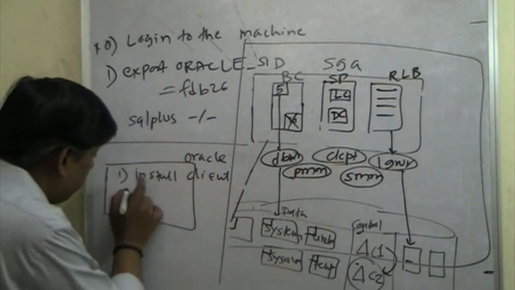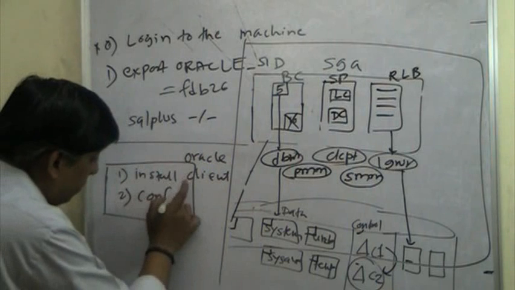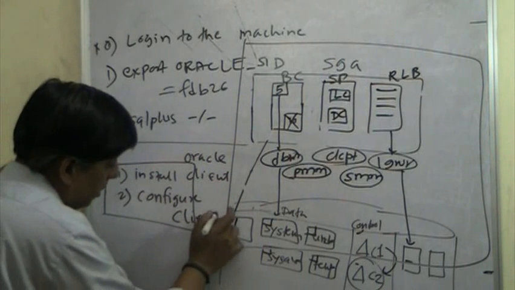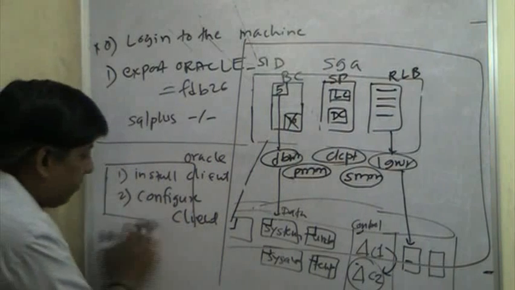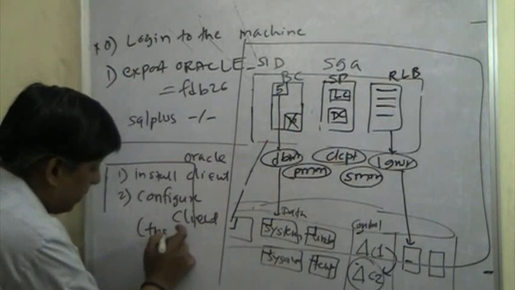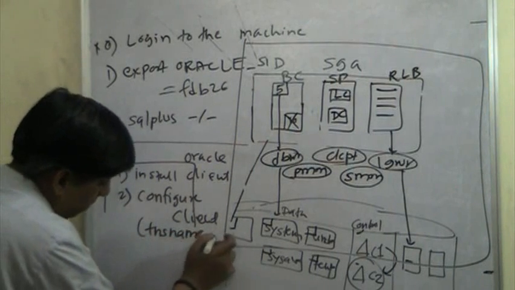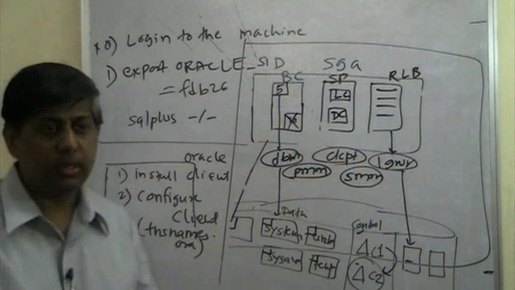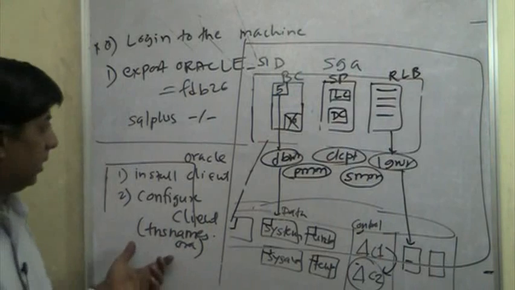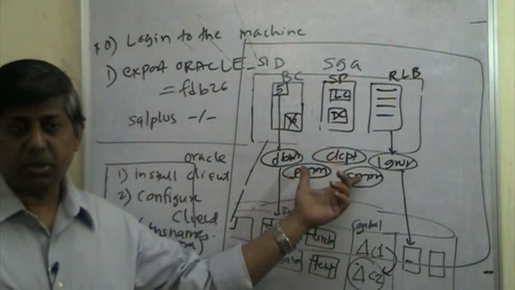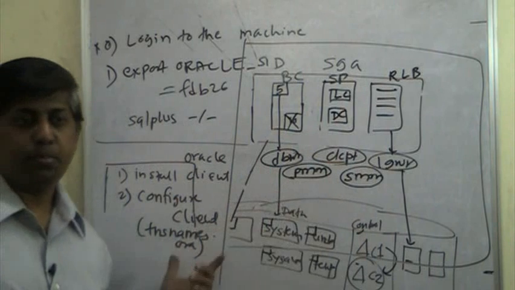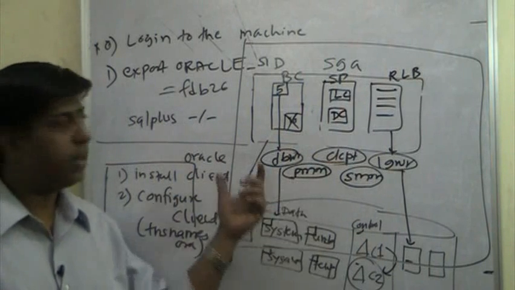Then step number 2, configure the Oracle client, which means configure the file tnsnames.ora. And what information goes in the tnsnames.ora file? The IP address of the machine on which the database is running, the port number, the protocol, and the name of the database.